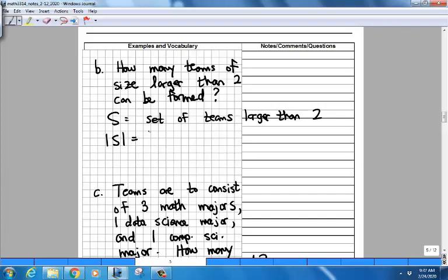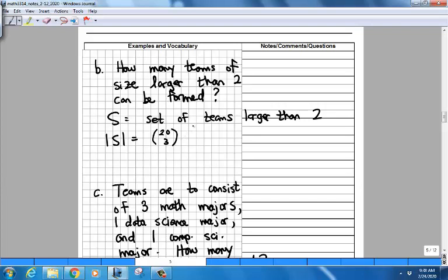okay, teams larger than 2, what numbers are larger than 2? 3 to 20. So I can start by seeing how many teams of size 3 I have. How do you count that? That's right, that's this binomial coefficient.